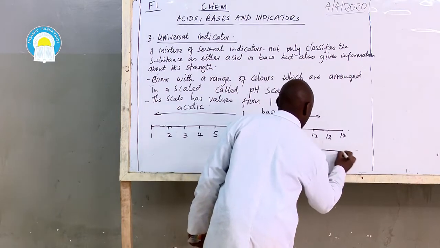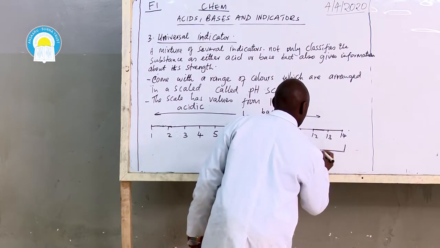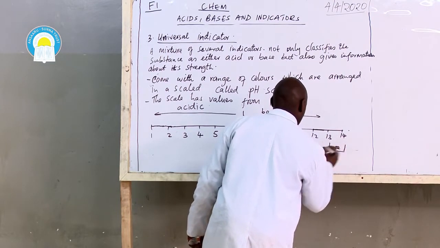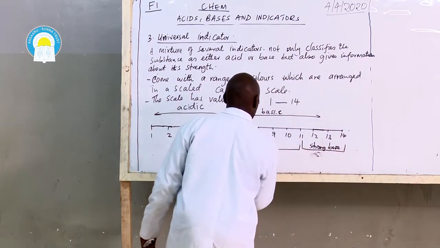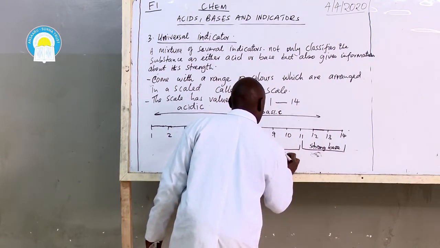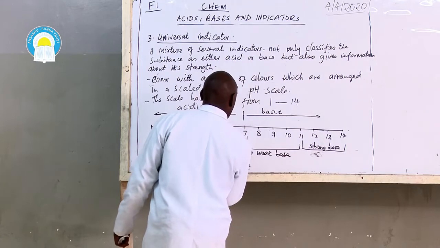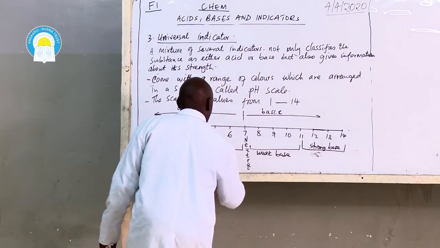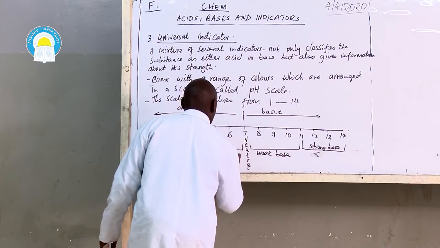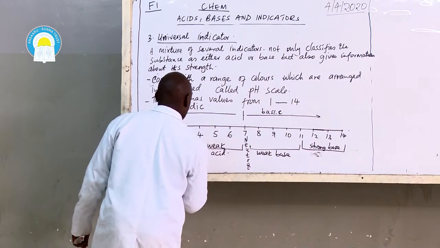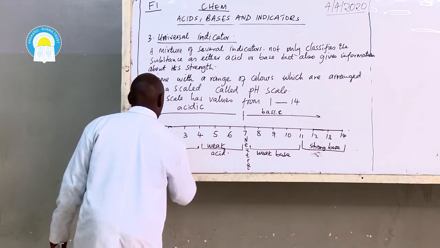So I can say this is strong base. This one here, up to somewhere here, is weak base. Then just before 7, up to around there, this one is weak acid. Then from pH 1 to around there is strong acid.